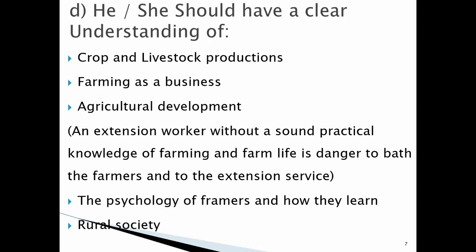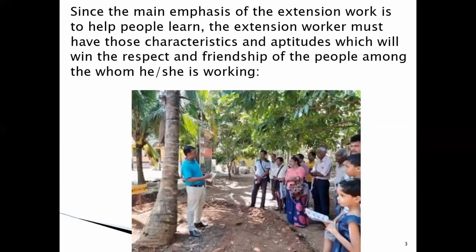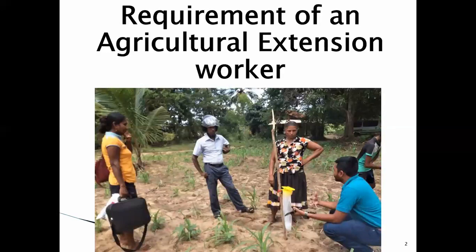He thinks in a different way. You can't impose your point of view on the farmer. You have to think from the farmer's point of view too. And the rural society and their living is different, right? So that's all about the requirements of an agriculture extension worker and the work, and that is your whole thing.